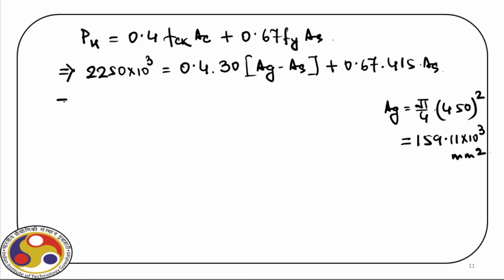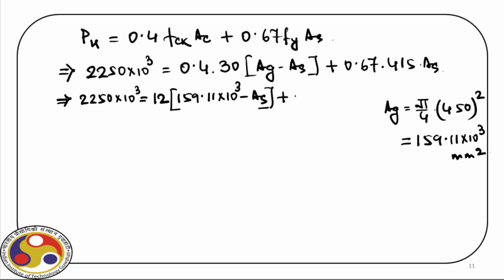So we can further modify this equation. It is 2250 into 10 to the power 3 is equal to 12 times 159.11 into 10 to the power 3 minus As, plus 278 As.